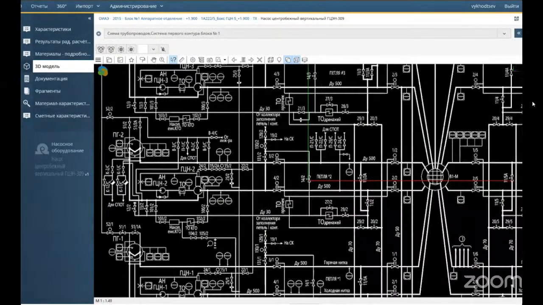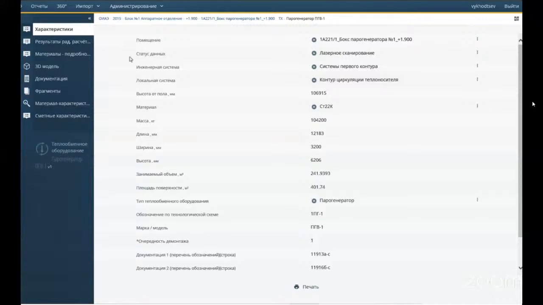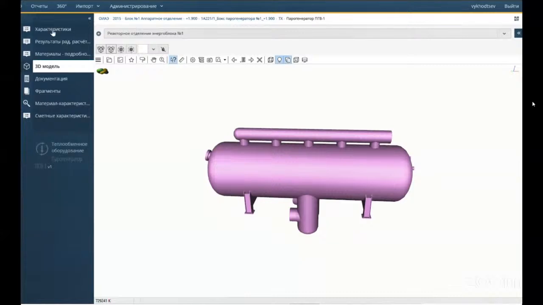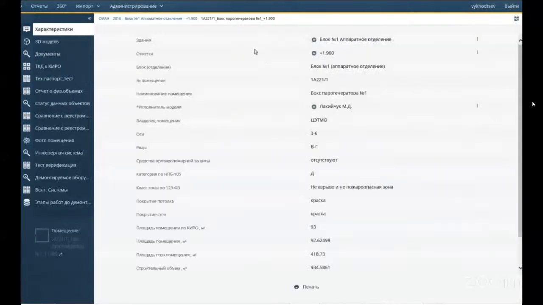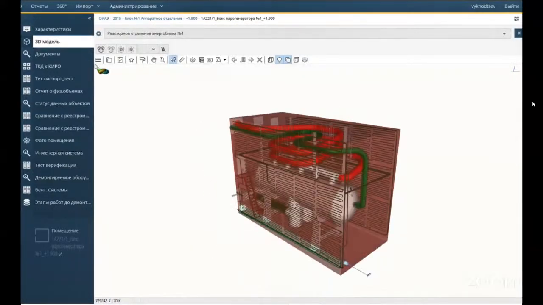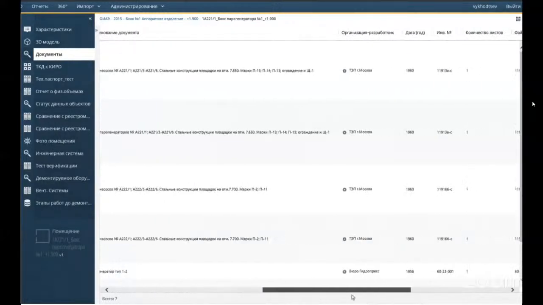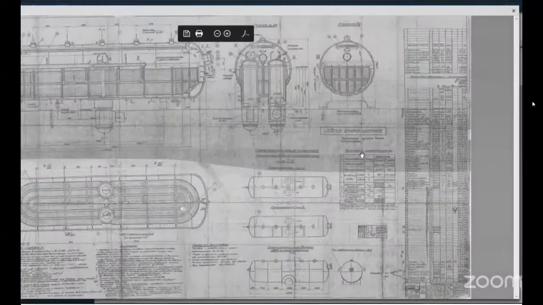It's also connected with the design documentation. We can easily switch between the different elements, between the attribute data, between the drawings and draftings, and then we can also move from the single equipment to the whole system and also see the integrated attributes of all the system and of each element of the system.